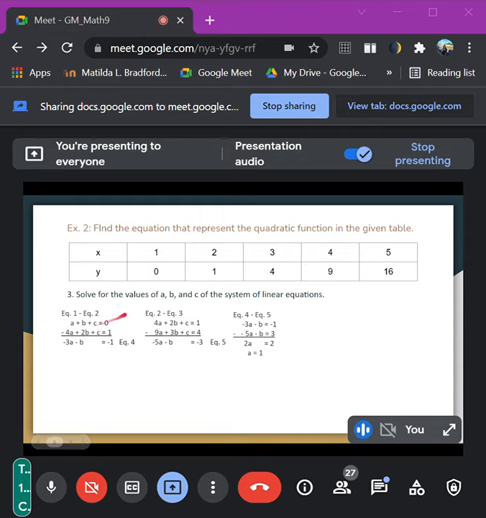So first, we canceled. And once the numbers get smaller and you can see either A or B or C, once you find the value of one of them, you're good to go because you can substitute in any of your equations.